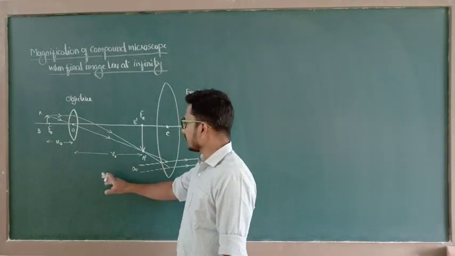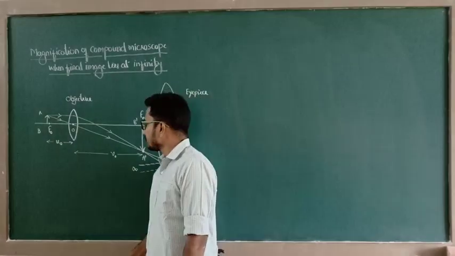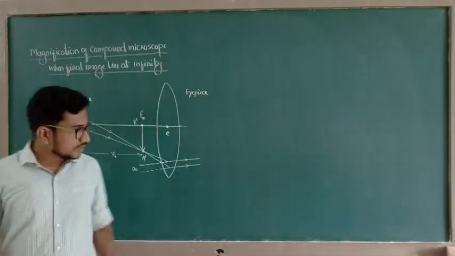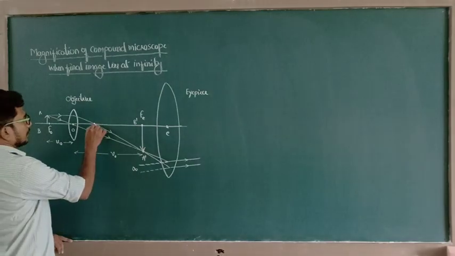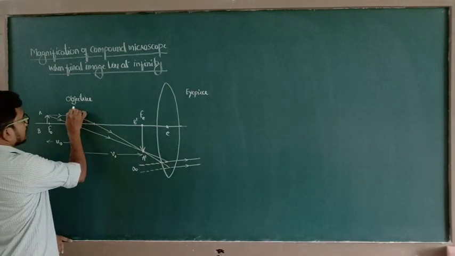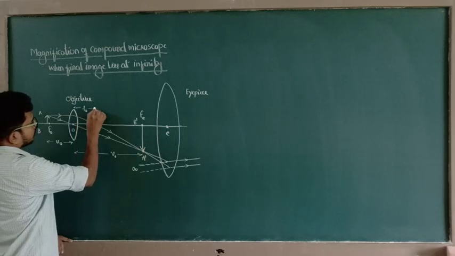They are going to meet at infinite distance. Then the magnification of this compound microscope. So here this distance is the focal length of the objective.